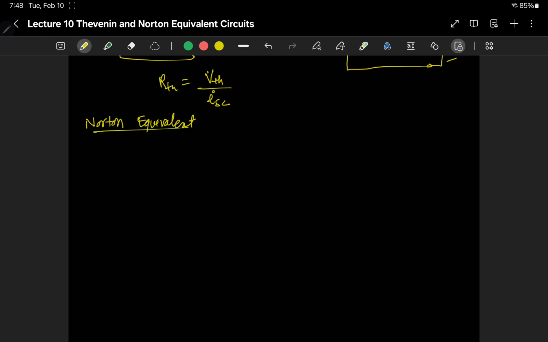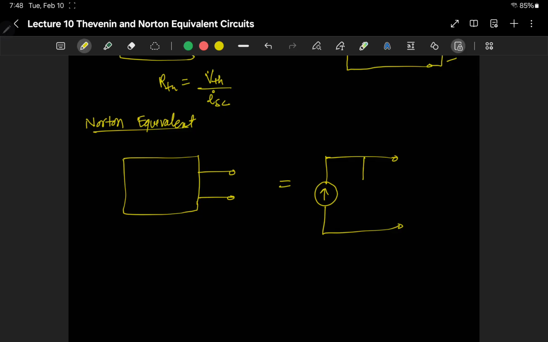In the Norton equivalent, it's basically a practical current source. So it's a parallel combination of a current source and a resistor. So this linear network here is equal to a current source which is in parallel with a resistor. We call this resistance Rn and this current In, the Norton current and Norton resistance.